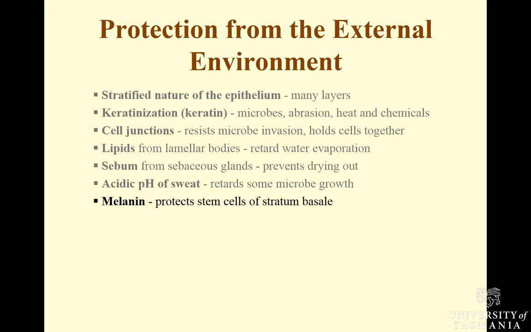Melanin, produced by the melanocytes, passed on to the keratinocytes, helps to protect the stem cells of the stratum basale from ultraviolet radiation. Langerhans cells, remember they're the dendritic cells which are best visualized in the stratum spinosum. They are phagocytic cells, so they can phagocytose any invading microorganisms. They can leave the skin, go to a lymph node, present that antigen to a lymphocyte, initiating an immune response.